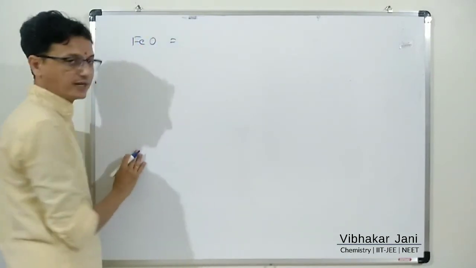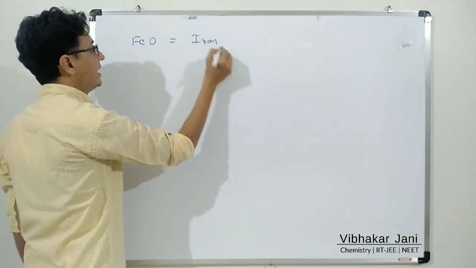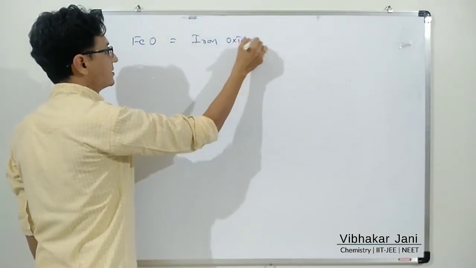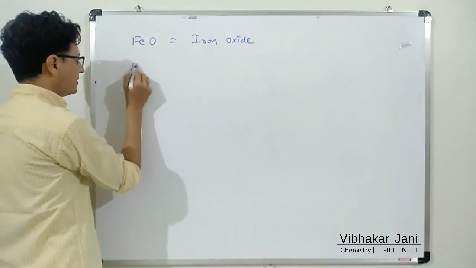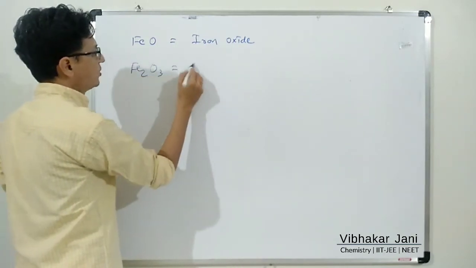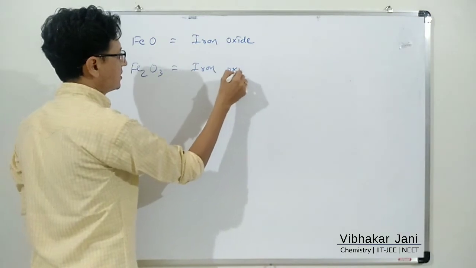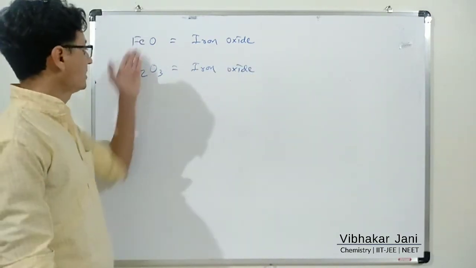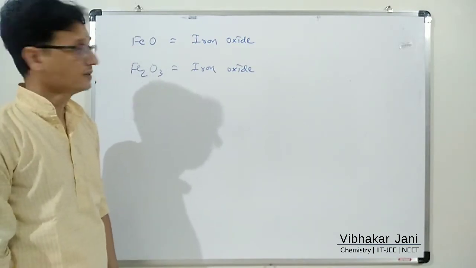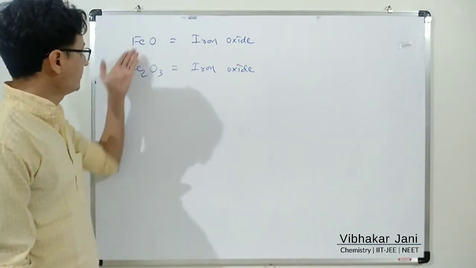Now this is known as iron oxide. And again Fe2O3. This is also iron oxide. So both are iron oxide, but they are having different formulas.